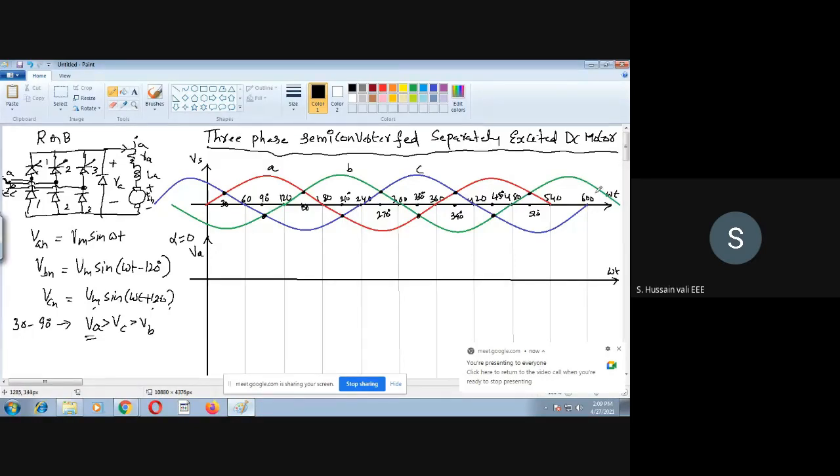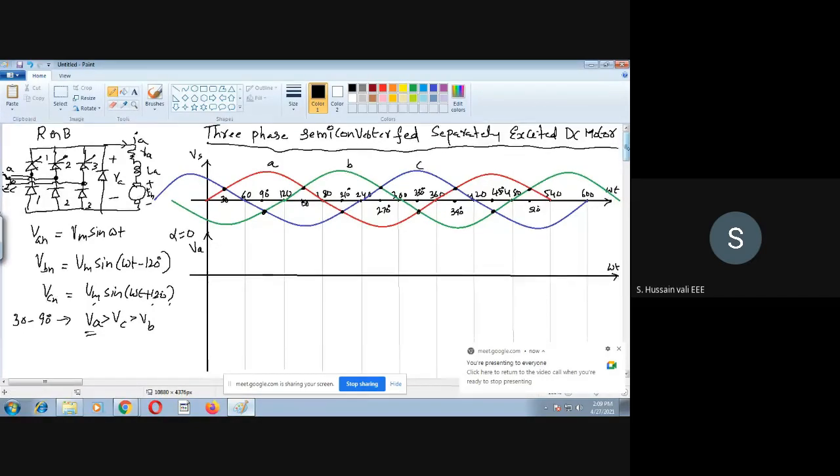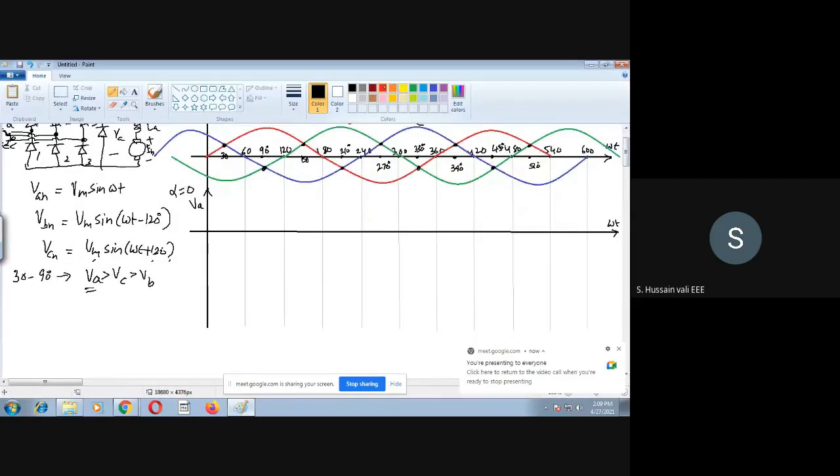Let me write it for this situation. T1 is on, this means you can turn on T1. Why is it so?